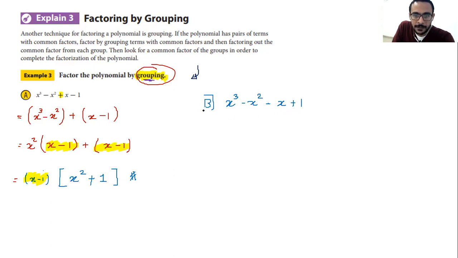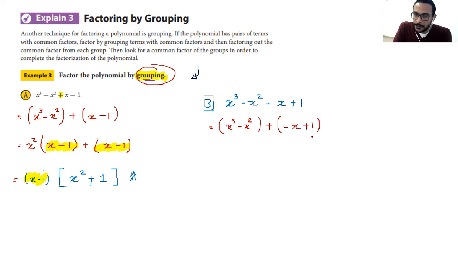Let's name it b. So what's the first step we have to do? Make 2 parentheses. x cubed minus x squared and plus, normal, okay? Open parentheses, negative x plus 1.